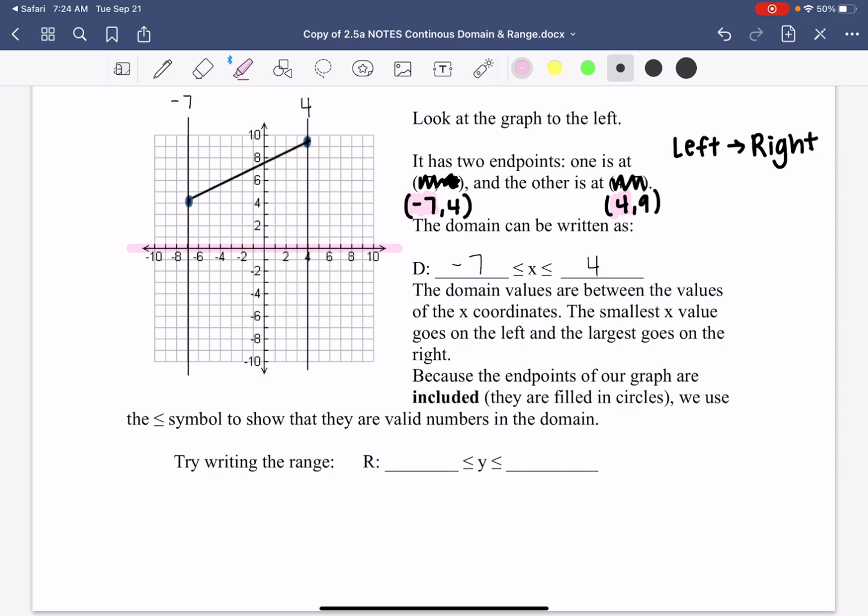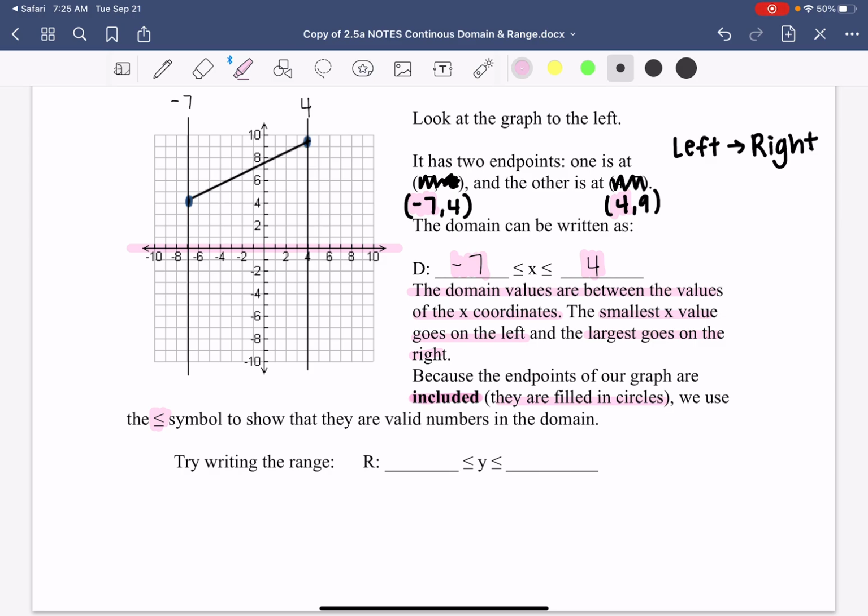We just always put the smallest number first. So the smallest number was -7, so -7 went first in our notation right here. The domain values are between the values of the x coordinates. So just like what I explained, the smallest value goes on the left and the largest value goes on the right. Because the endpoints of our graph are included, they are filled in circles. That's what that means. We use the less than or equal to and greater than or equal to sign.